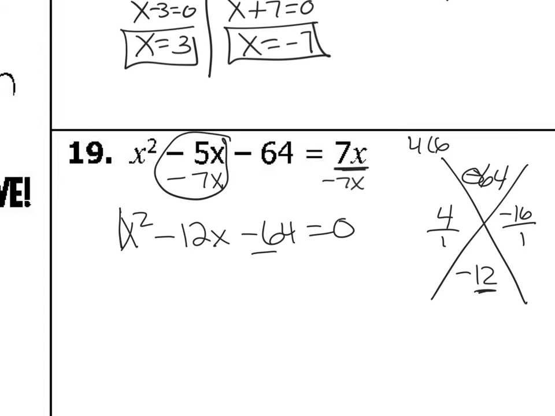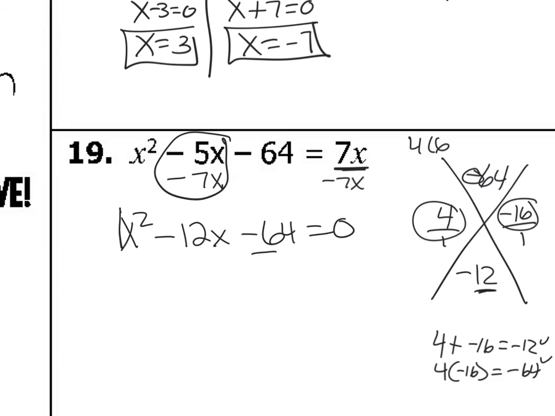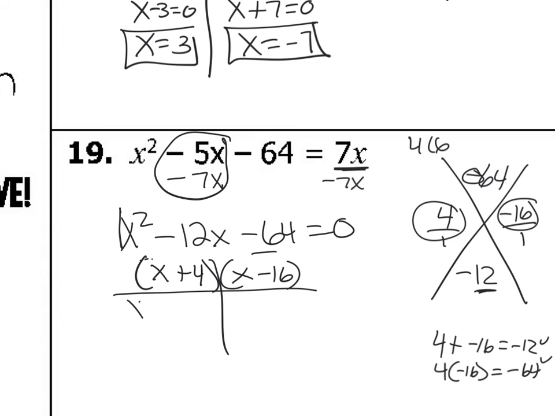All right, so let's test it. 4 plus negative 16 is negative 12. 4 times negative 16 is negative 64. So both of those work, so we're good. So it's going to be x plus 4, x minus 16. If we set them to 0, so x is negative 4 and x is positive 16.